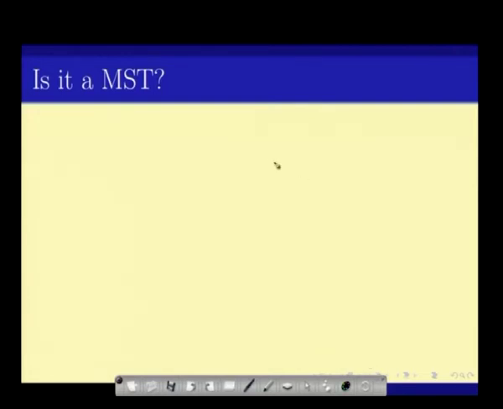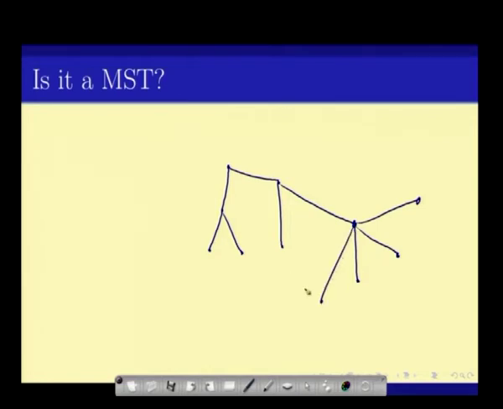Here is this tree that we have. Let us just assume that this is T1, which is the minimum spanning tree.